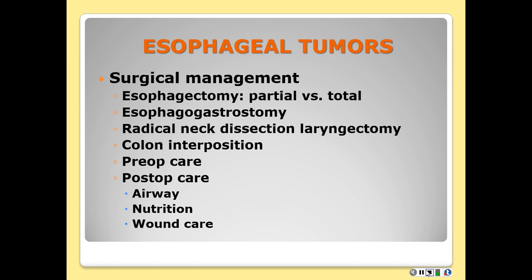Depends on where the tumors are. They may need to have a radical neck dissection, which we talked about earlier with oral cancers. But radical neck is really going to be happening if it's in the upper part of the esophagus. Which makes sense. Y'all know that.